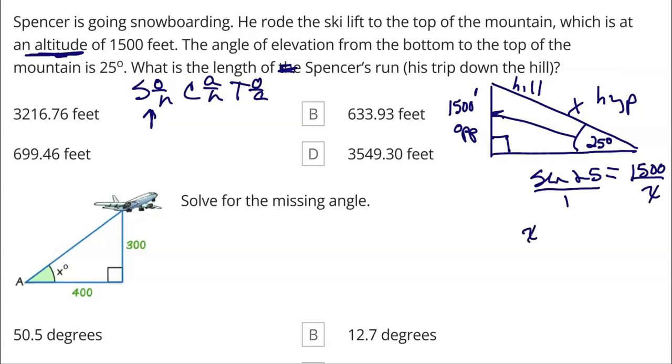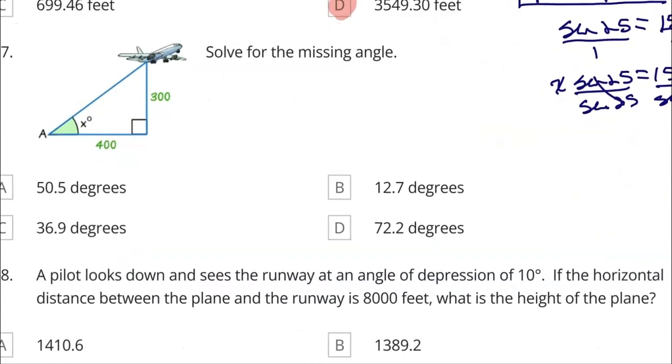First step, cross products: x times the sine of 25 equals 1,500. Next step, divide by that. Put 1,500 divided by sine 25 in your calculator, and you should be getting a very big number. So you should be getting 3,549.30 feet. Okay, here's another one.